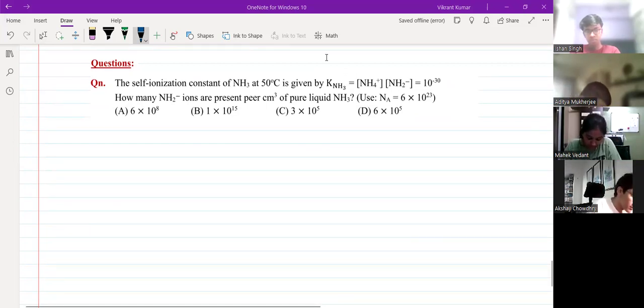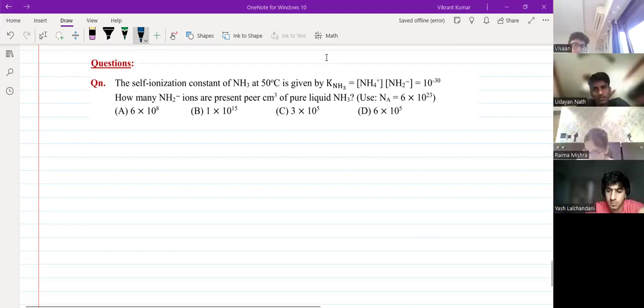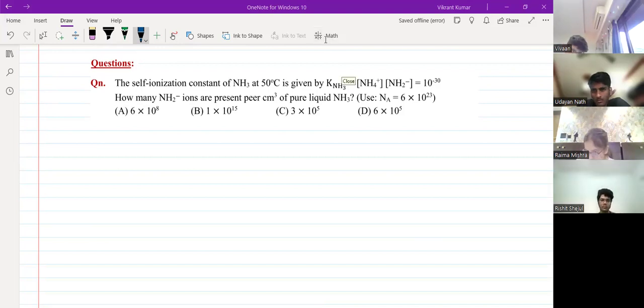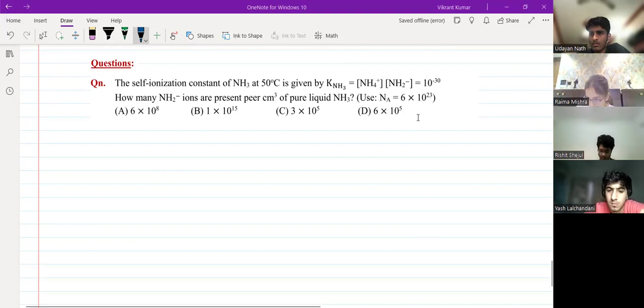Okay, Rishit has got an answer. Vivan has got an answer. Pratyush has got an answer. Till now I've got two types of answers, A and D. Okay, Udayan has got an answer.